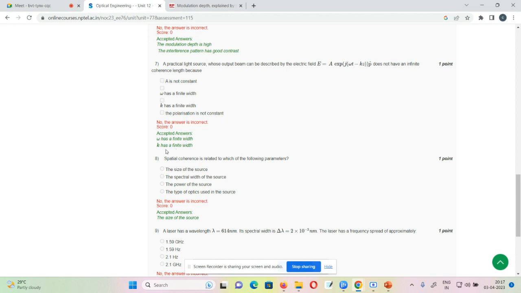So omega has a finite width and k has a finite width, and the k width is actually coming from the wavelength.